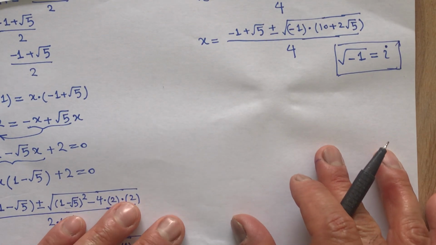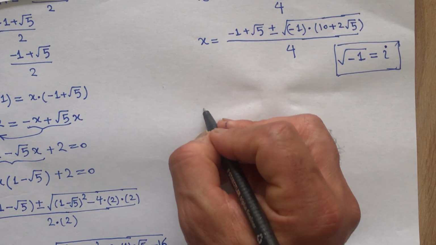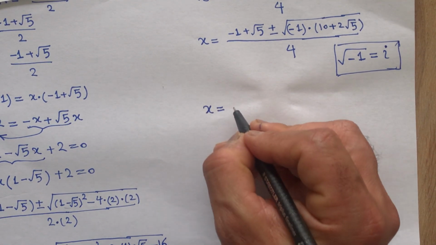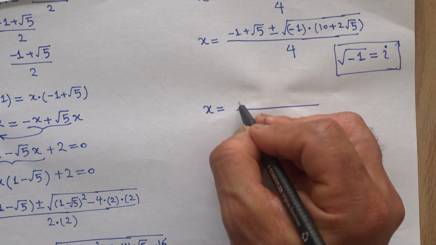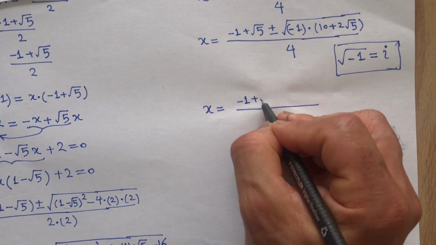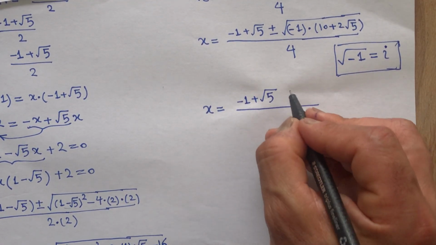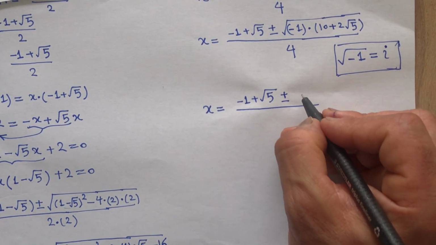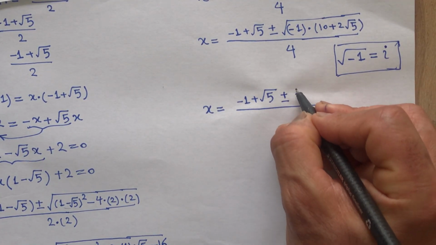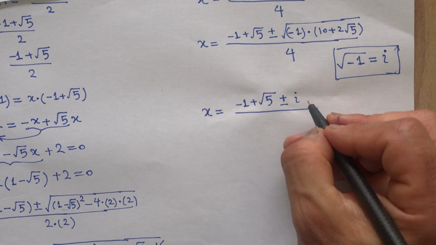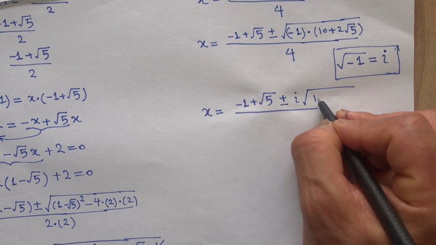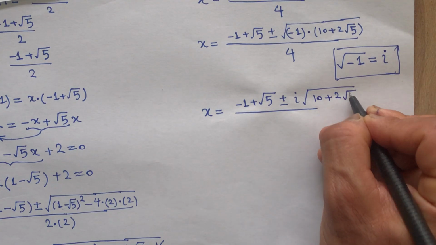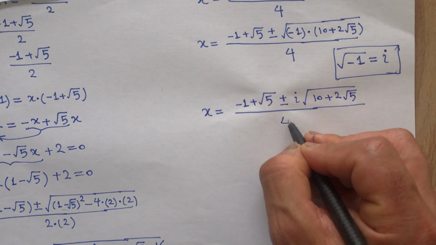So I can write it again. X is equal to minus 1 plus square root of 5 plus minus, I can take out this imaginary number outside, i square root of 10 plus 2 square root of 5 over 4.